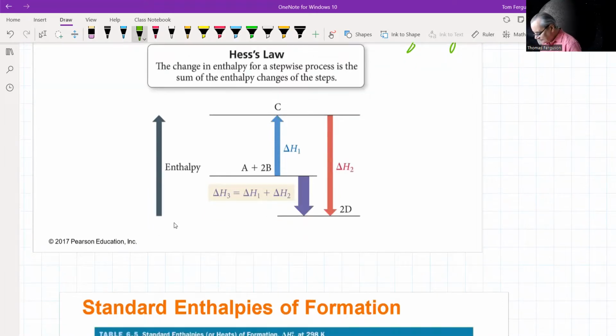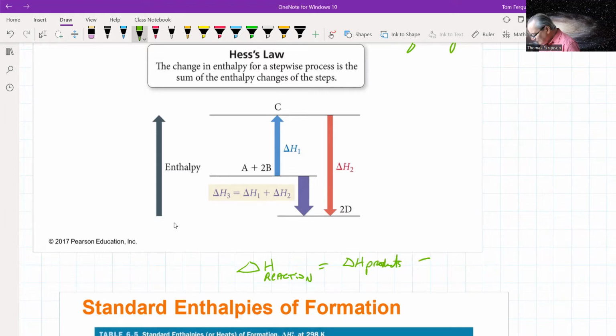So the delta H of the reaction is equal to the delta H of the products minus delta H of the reactants. These come from tables.